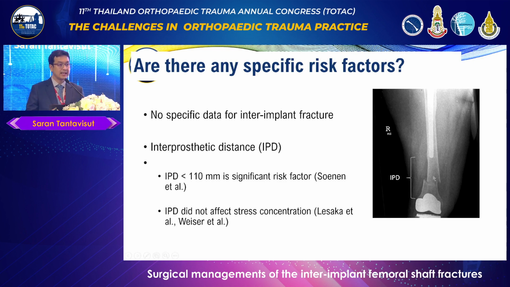If the distance is less than 110 millimeters, a study from Dr. Soenen and his team showed that it significantly increased the stress in this area and also increased the risk of fracture. Lately, there has been some argument from several authors who do not believe this.